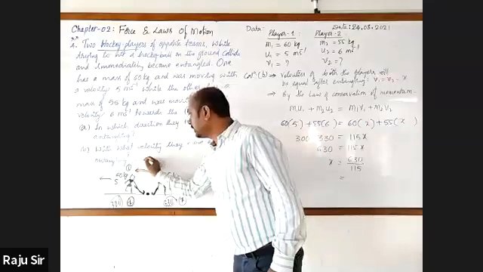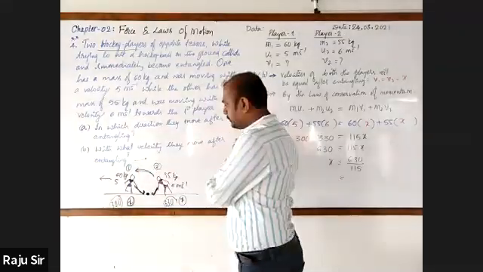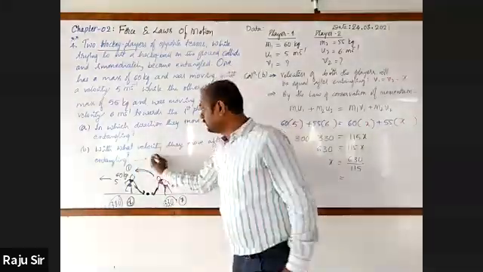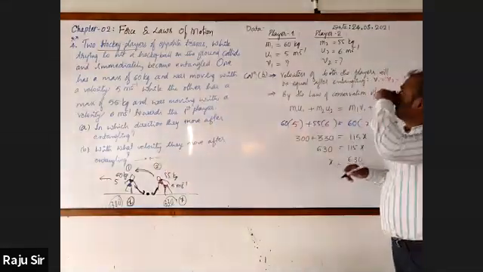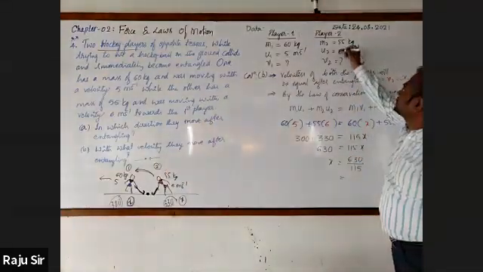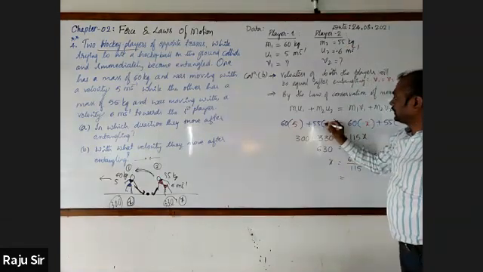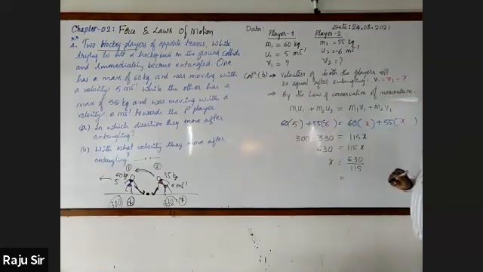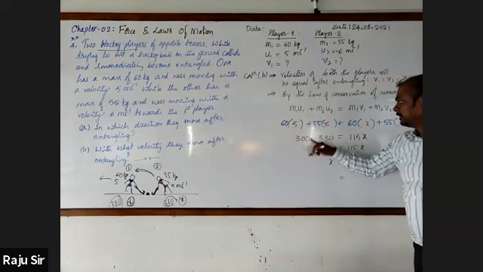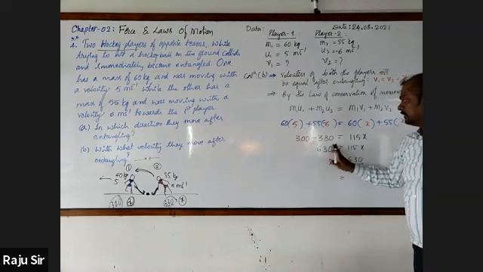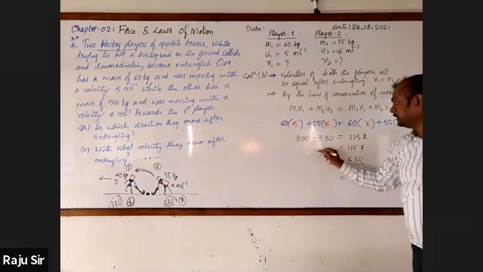Player 1 is coming from left to right and player 2 is coming from right to left. That is why its velocity should be considered negative. So U2 is negative. Then this will be minus 330. Now this will be minus 30.